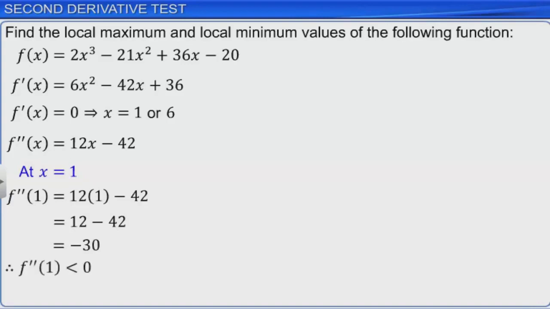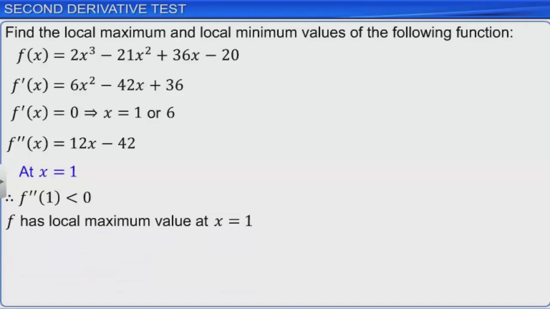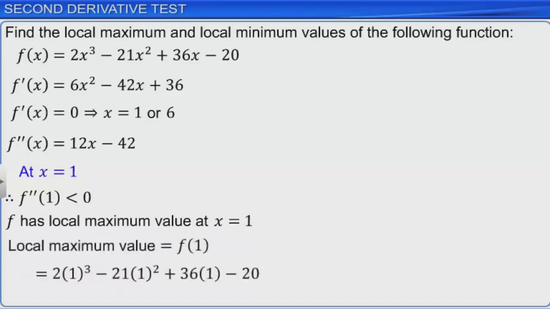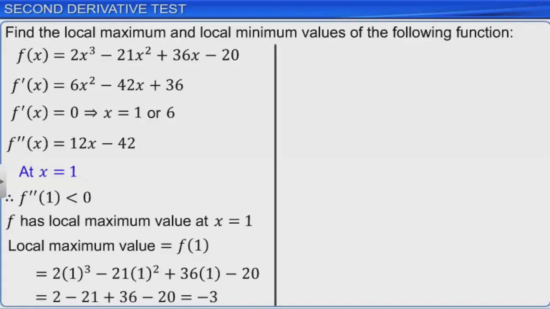Hence, the local maximum value of the function is minus 3. The value of the second derivative of the function at x equal to 6 is 30, which is a positive value. Hence, the function has a local minimum value at x equal to 6. The local minimum value is minus 128.